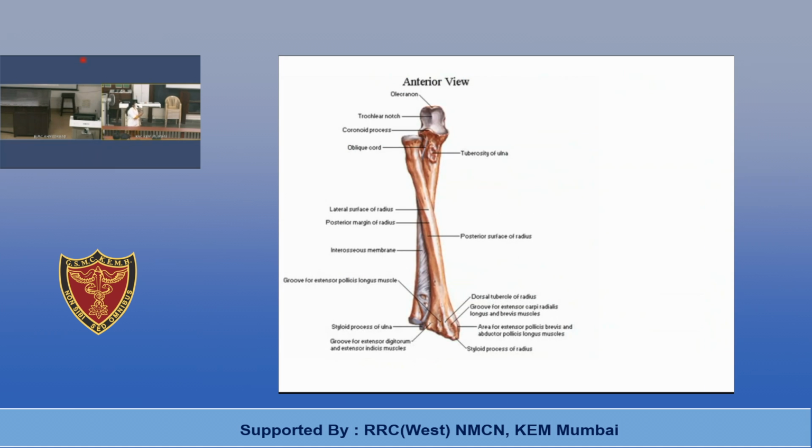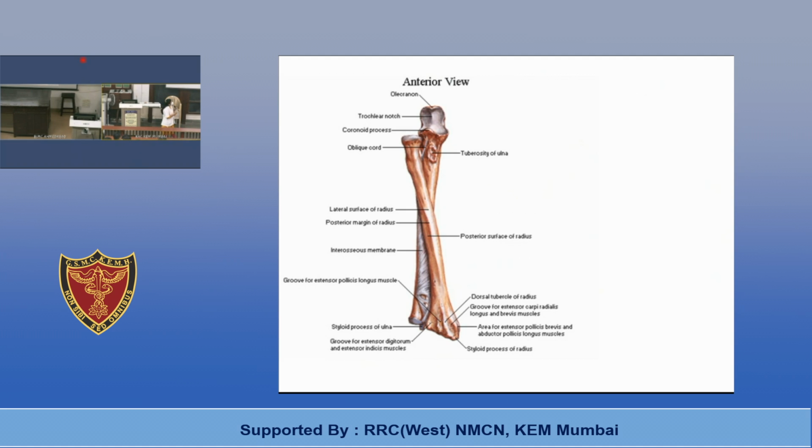If you see the radius and ulna and the three joints that we are discussing right now, mainly the superior and inferior radioulnar joints permit the movements called supination and pronation. These movements affect the arrangement and tightness of fibers in the interosseous membrane.